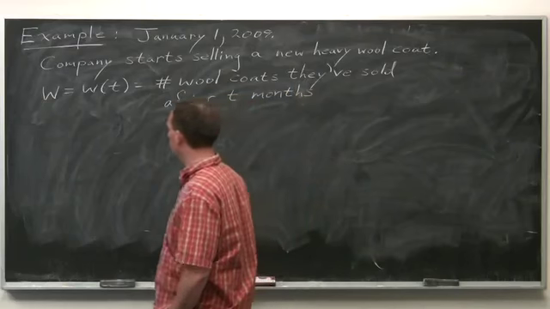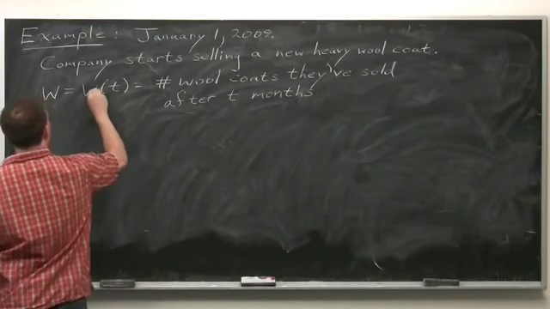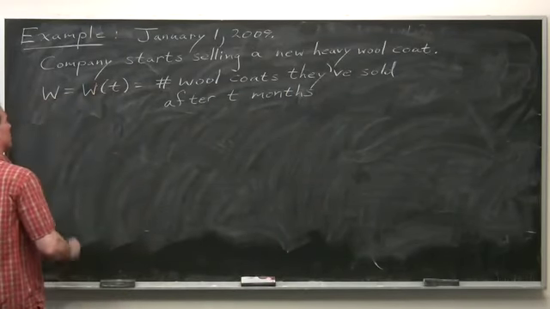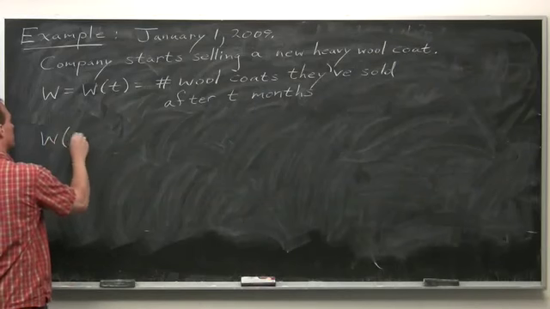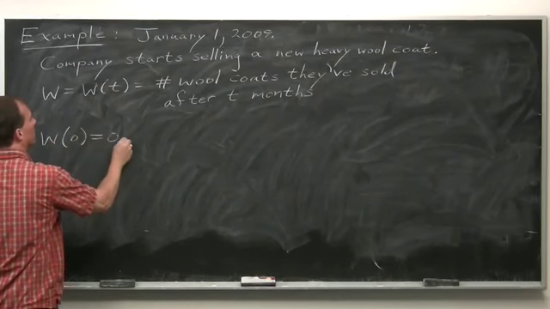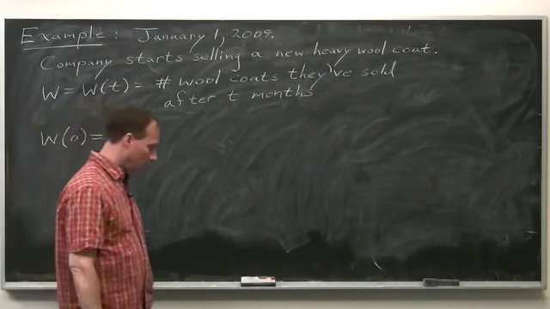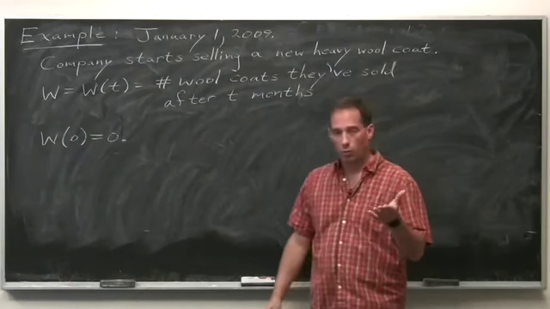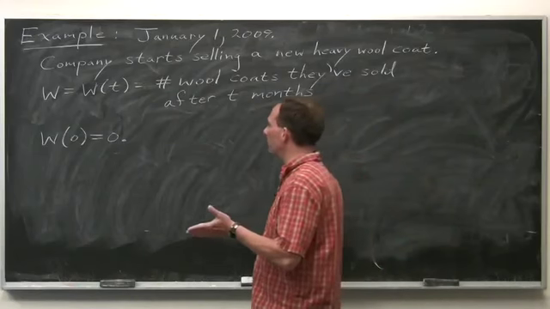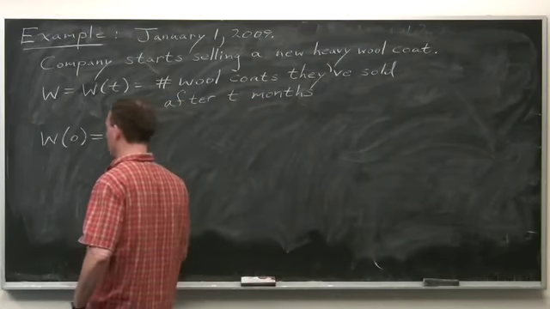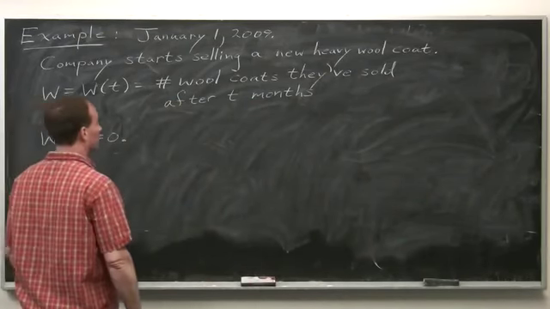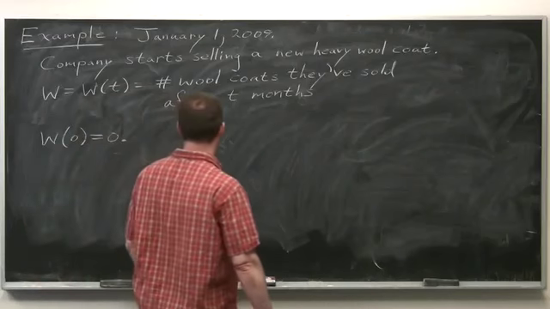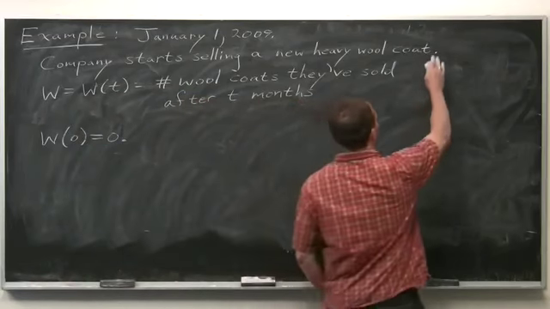Well, they just started selling, so at t equals 0, they've sold none. So we're assuming W at 0 is 0. Okay. Well, we need some more data. So we'll suppose that the company starts selling a new wool coat in a small city.